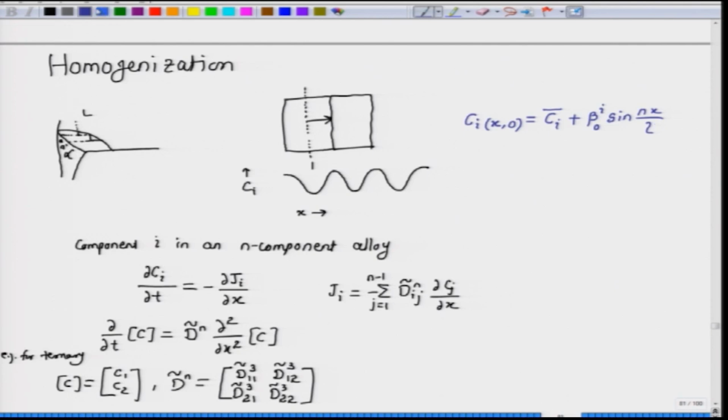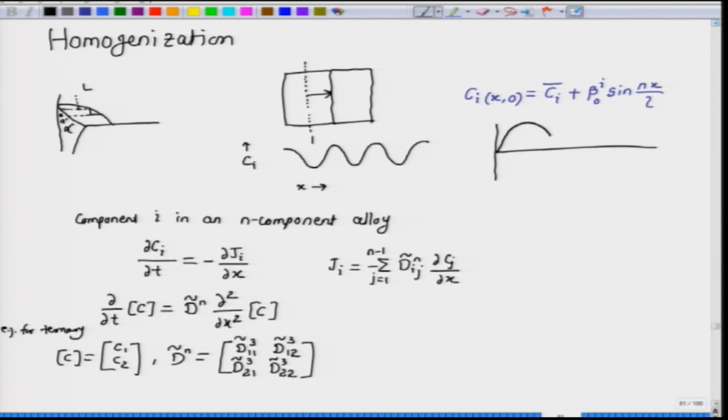If we draw a sinusoidal pattern here again, Ci bar is the average concentration about which the oscillations of concentration occur. Beta 0 i is the amplitude of the pattern for component i, and 2L is the period of the pattern.